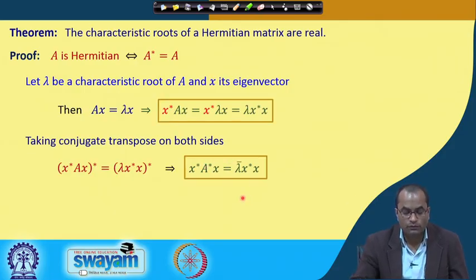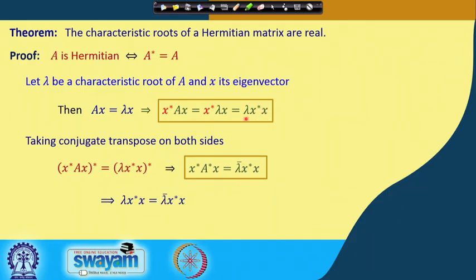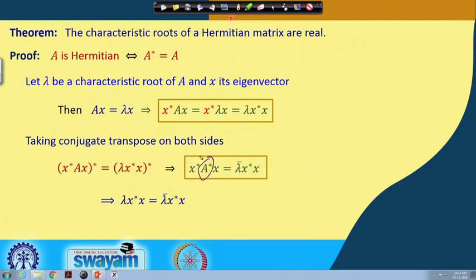With these two equations we can conclude that the right hand sides should be equal. That means lambda x star x is equal to lambda bar x star x. The reason is that A star and A are the same, so naturally the right hand side will also be the same.